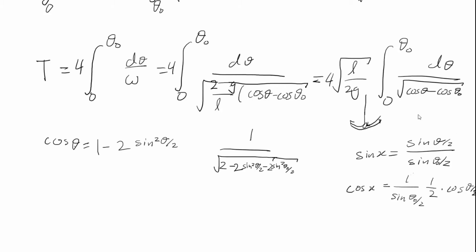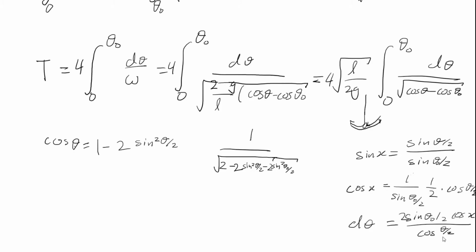So now we can substitute for d theta here, and we get d theta equals 2 sine theta naught over 2 cosine x divided by cosine theta over 2.